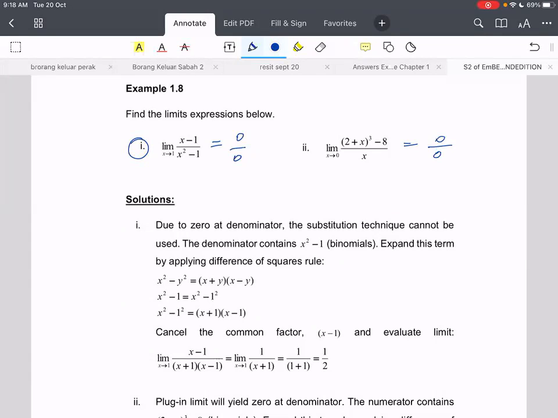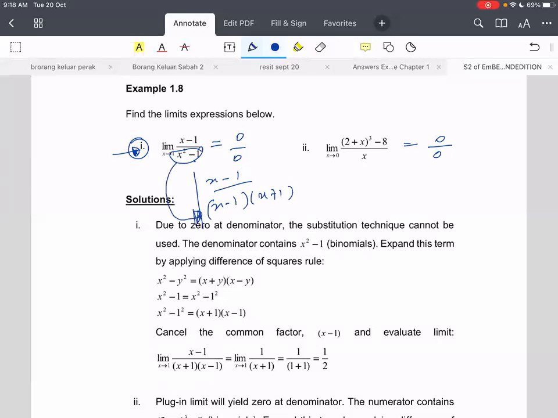Now, this involving binomial, so it means that you need to expand it. For the first Roman question here, x squared minus 1 is actually x minus 1, x plus 1. So you need to expand this.